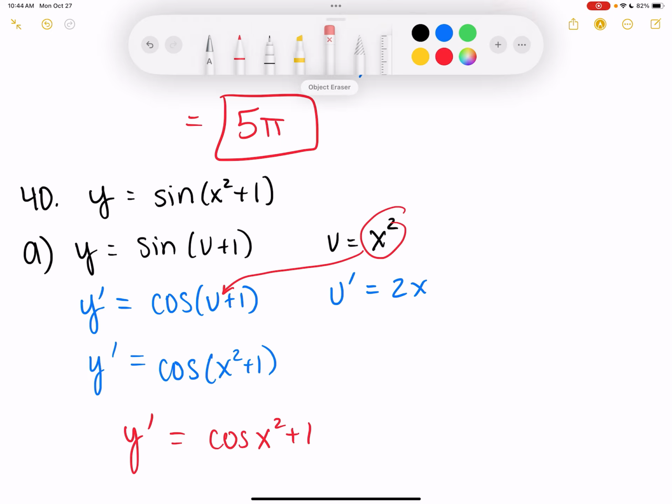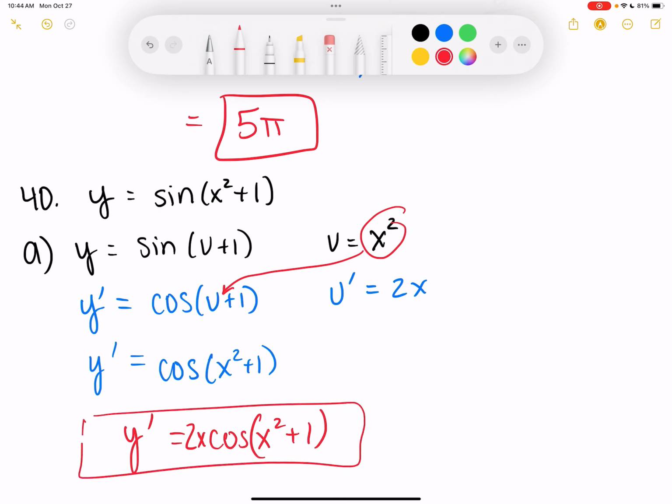I can either put it in front or I can put it at the end. It doesn't matter, obviously. So 2x times the cosine of x squared plus 1. So that's one option for how it can be written.